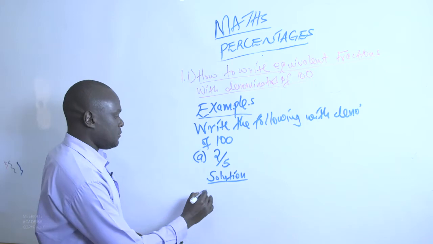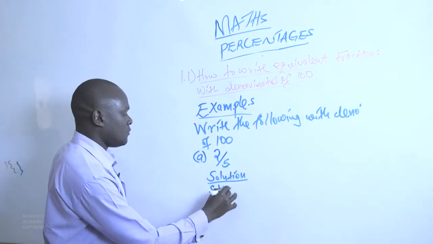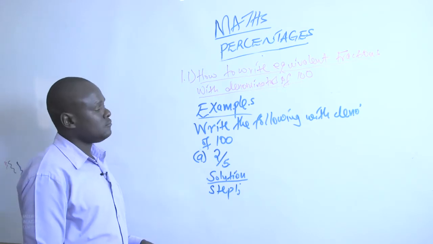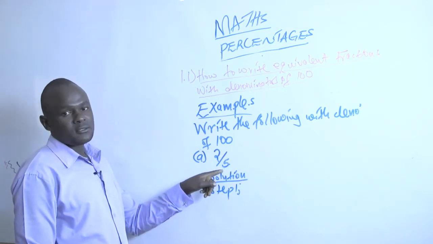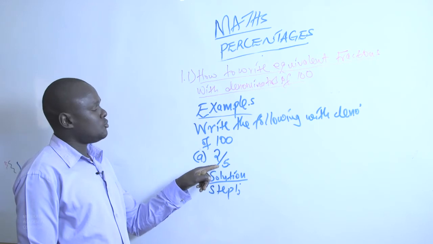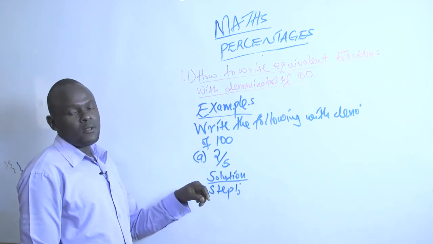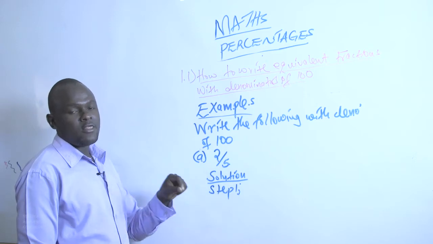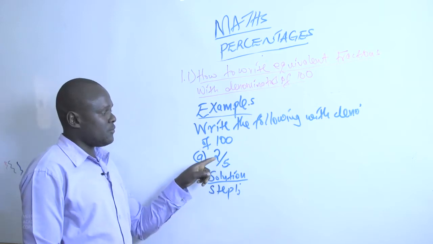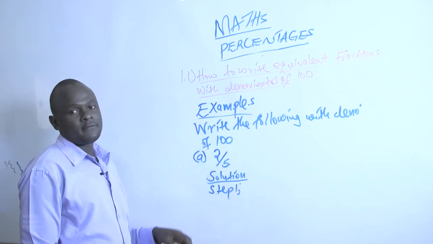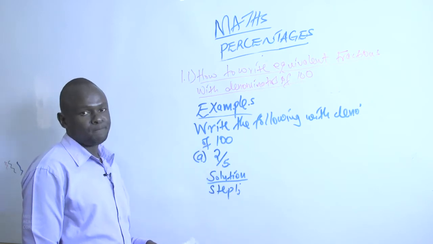The first step, I call it step number 1, is for us taking into consideration the type of denominator that we have. In this particular fraction, 2 is the numerator, while 5 is the denominator.